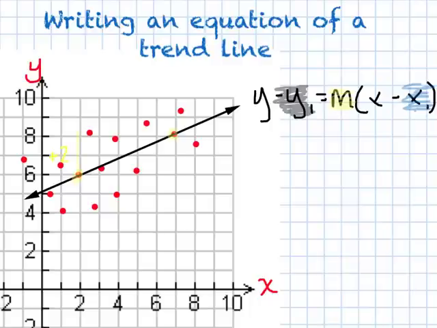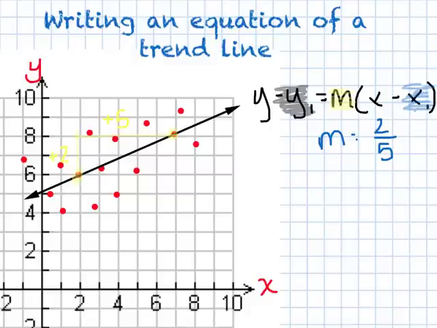I go to the right 1, 2, 3, 4, 5. So my run is plus 5. When I write out my slope, again, it's rise over run. We said my rise is 2 and my run is 5. So my slope will be 2 over 5.